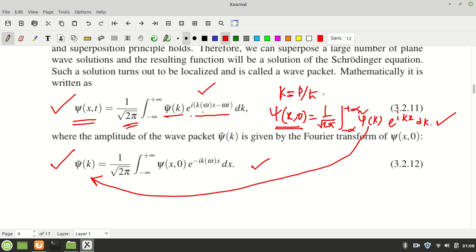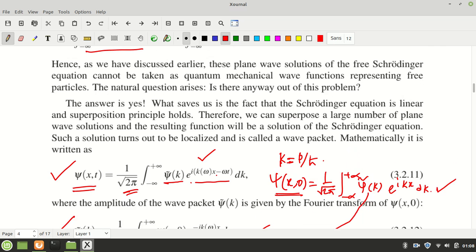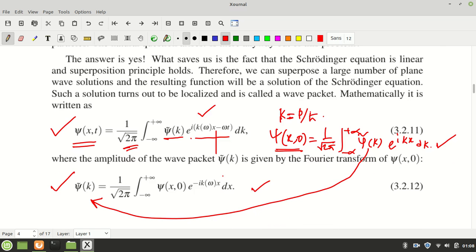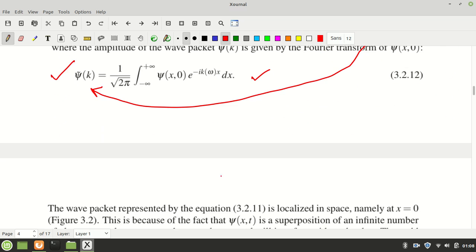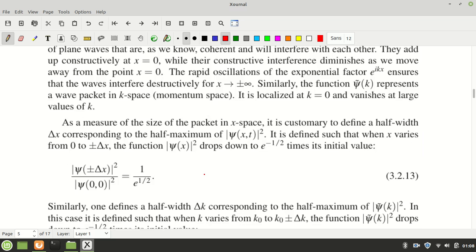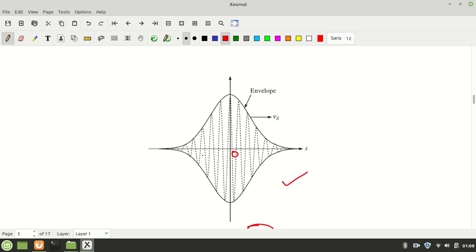So at x equal to 0 there will be constructive interference, that is the maxima will be there, and at later positions x the secondary maxima will appear, but the secondary maxima have lesser amplitude than the principal maxima, which has formed at x equal to 0.